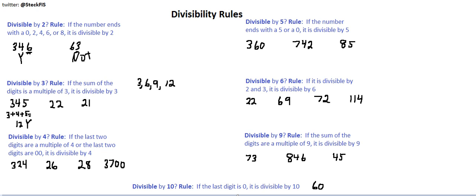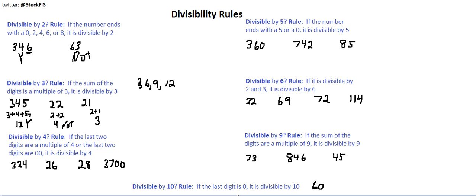So now let's look at 22. Remember, the sum is when you add the digits together. So I would do 2 plus 2, and that would equal 4. Let's look at our list. Nope, 4 is not on the list, so that would not be divisible by 3. So let's look at 21. We're going to do 2 plus 1.